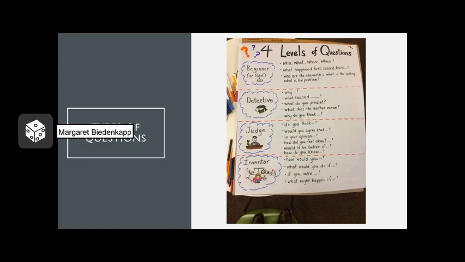I want to briefly talk about the kinds of questions that we can ask as readers. So, the first level or the beginner level would be questions like who is that, what is that, where are they, when is this, right? What happened first, second, or third? Who are the characters? What is the setting? What is the problem? If we go one level up to that level two, we can call it a detective, right?